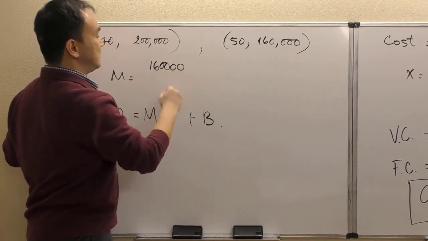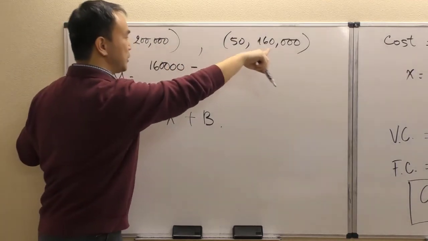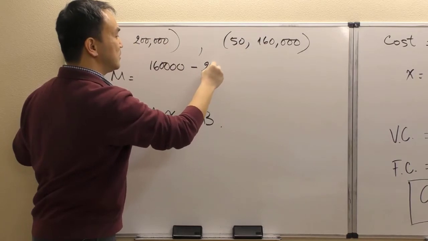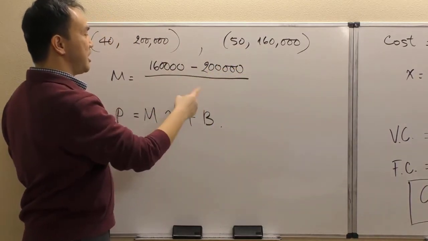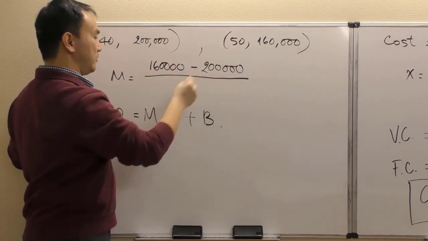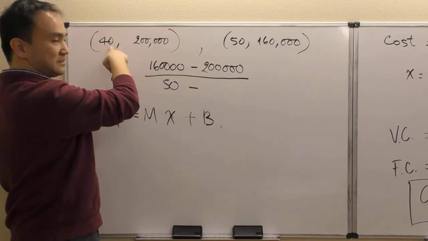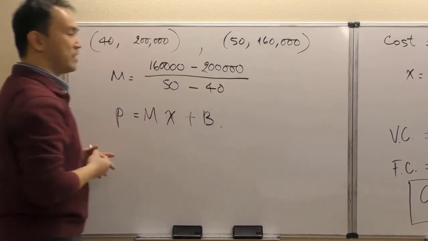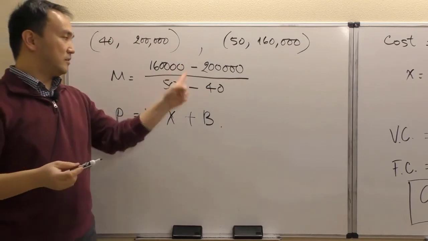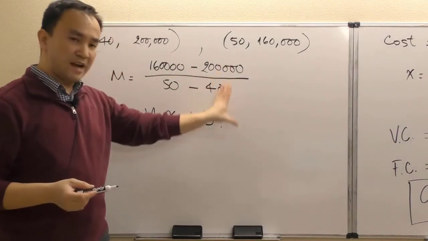The final output value is 160,000 minus the initial output, like y2 minus y1, minus 200,000. We divide by the change in quantity: the final quantity is 50, minus the initial quantity, 40. So now we have a ratio of two differences, and this is going to be our slope.